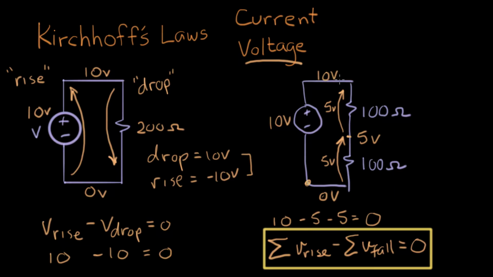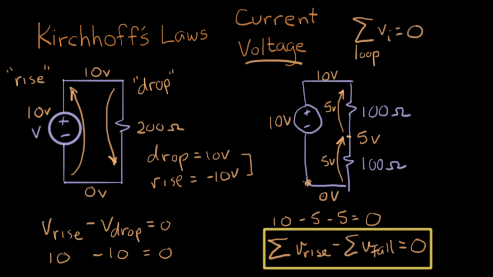Rise plus 10, that's a rise of minus 5 and a rise of minus 5. So I can write this with just one summation symbol. The sum of the voltages around the loop, where the loop takes us all the way around, equals 0.